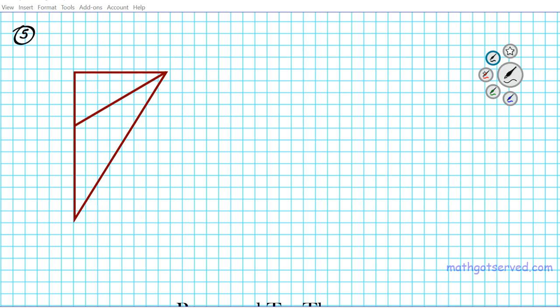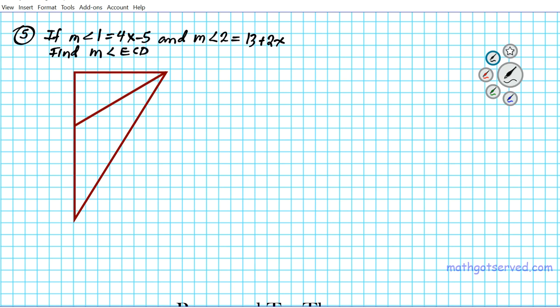Alrighty, let's take a look at one more problem, question number 5. So question number 5, if the measure of angle 1 is equal to 4x minus 5, and the measure of angle 2 is equal to 13 plus 2x, find the measure of angle ECD.